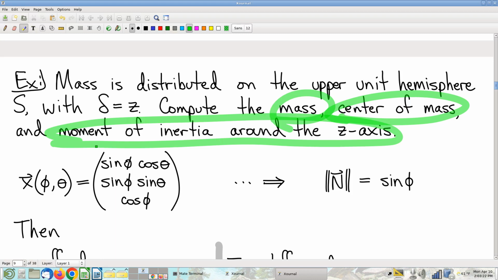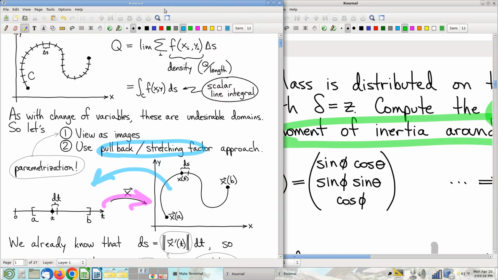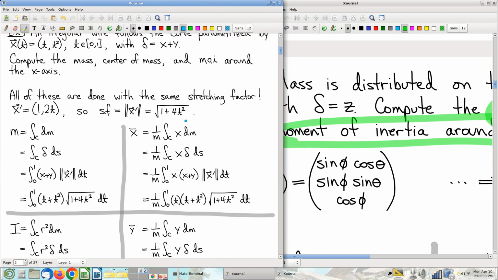All right, now again, this might look familiar. This is the first example that we did with scalar line integrals. Right? I defined a scenario and a bunch of different things you can compute, all with largely the same calculations because they're all being done on the same surface, using the same parameterization, with the same density. So a lot of stuff is the same, right?